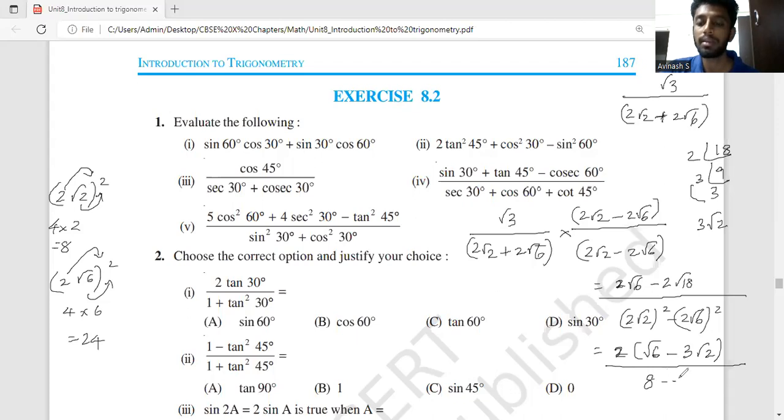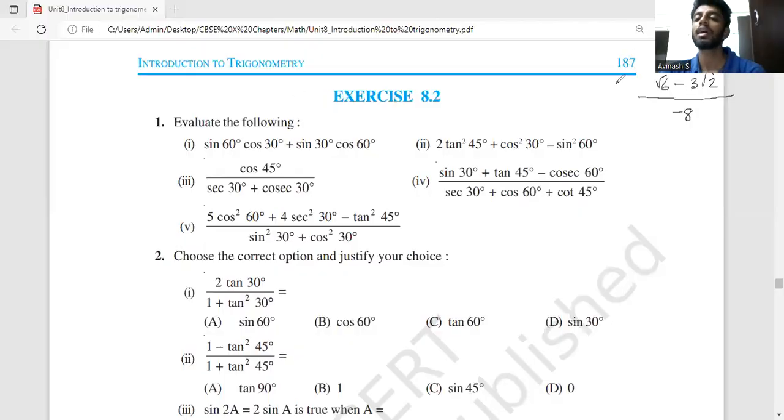So I get 8 minus 24 in the denominator. Finally, you will be getting 2 into root 6 minus 3 root 2, divided by minus 16, because 8 minus 24 is minus 16. The bigger number is 24, so you get the sign of that. And then 2 and 16 will get cancelled 8 times. So we'll continue this.